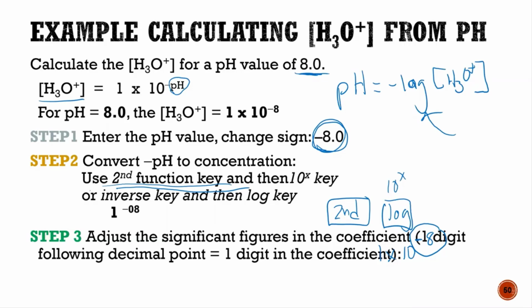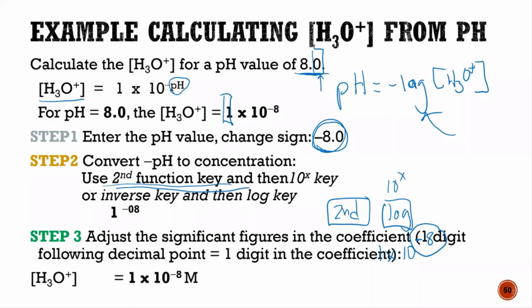And then you're going to adjust the significant figures. Again, with pHs, because it's a log function, there's 1 sig fig after the decimal. So your final answer should have 1 sig fig. So the concentration only has 1 sig fig. Again, it's really easy if it's an even number, right?